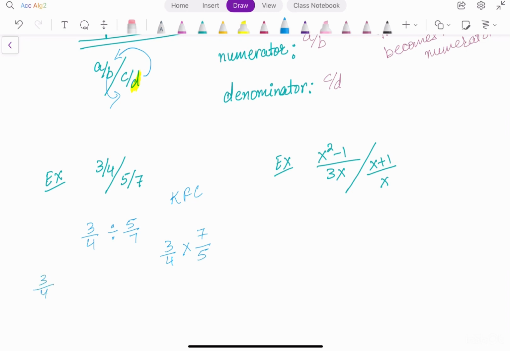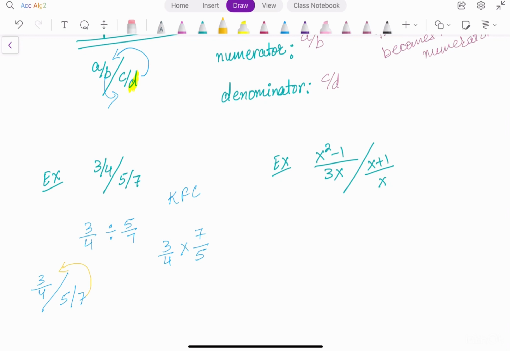Now it is just a multiplication. So multiply the numerators together and multiply the denominators together. This is nothing but the denominator of a denominator becomes a numerator, and the denominator of a numerator goes down as the denominator. So your answer will be 21/20.